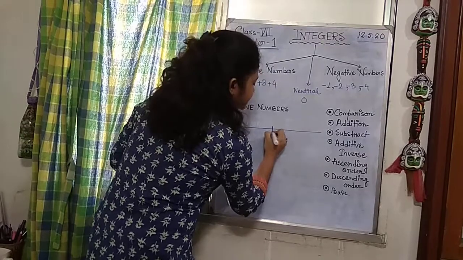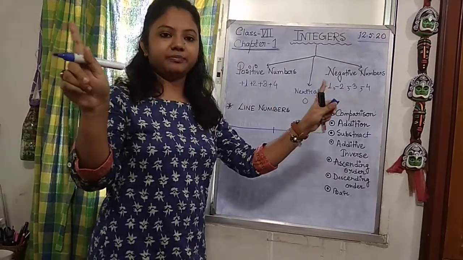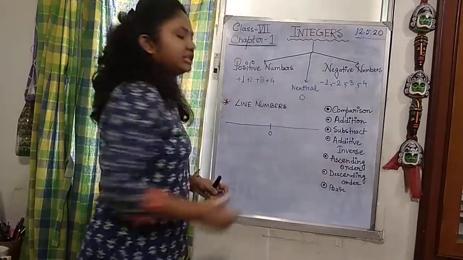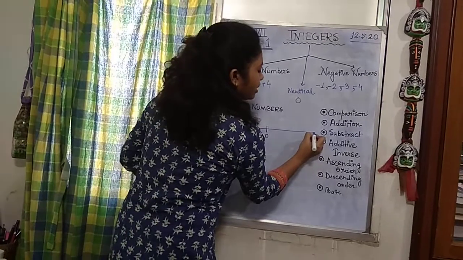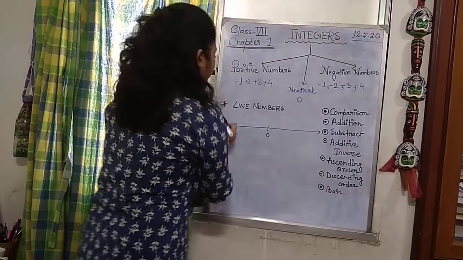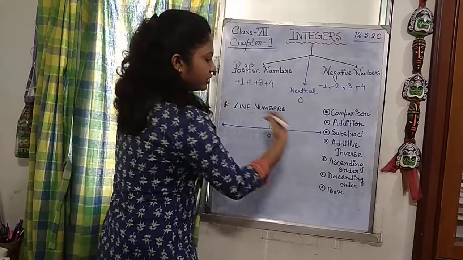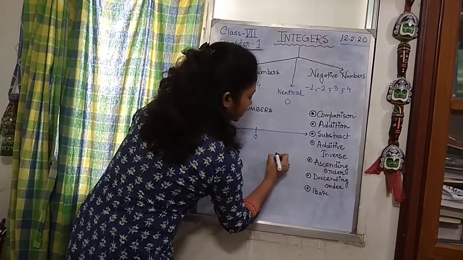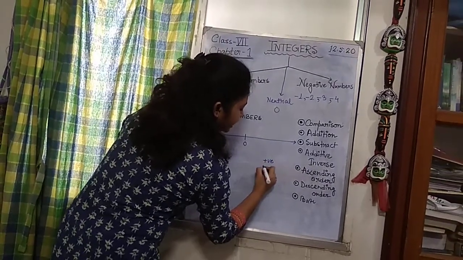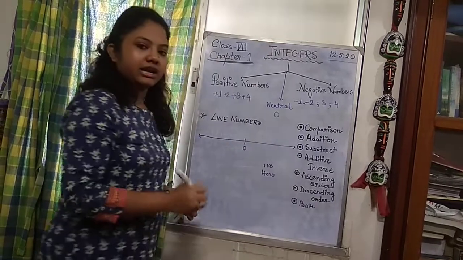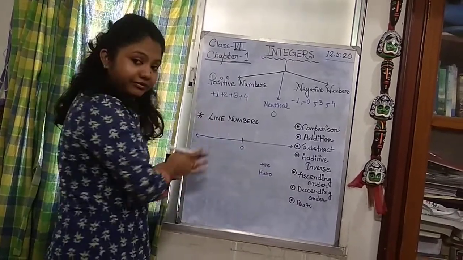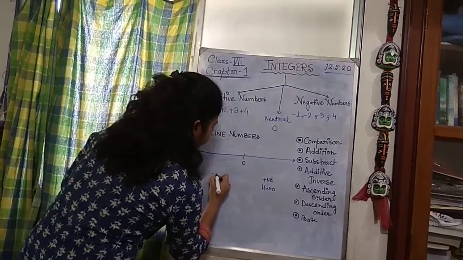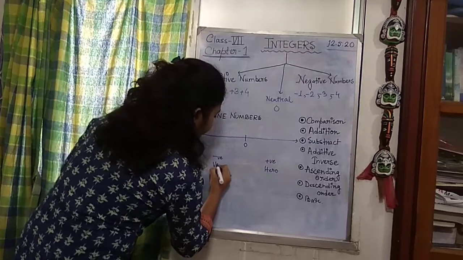The neutral number always lives in between these two worlds, the hero world and the villain world, so we place it just in between. The number line goes one side to the right and another to the left. The right hand side we take as the positive world, or the hero world, and the left hand side is assigned for the negative numbers, or the villains.